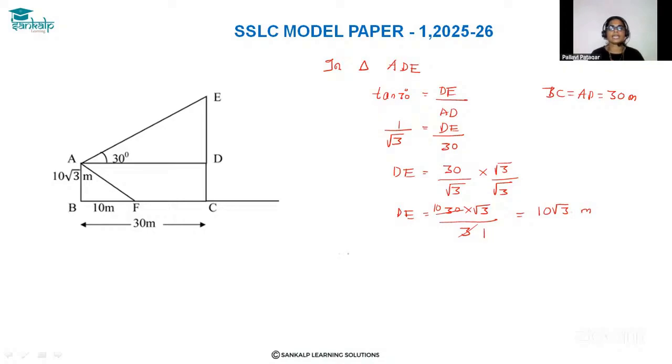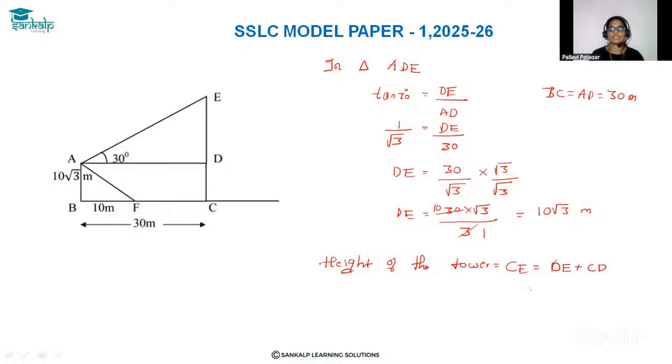So here height of the tower is equal to CE. So this is equal to DE plus CD.